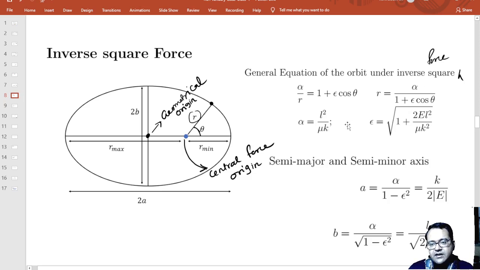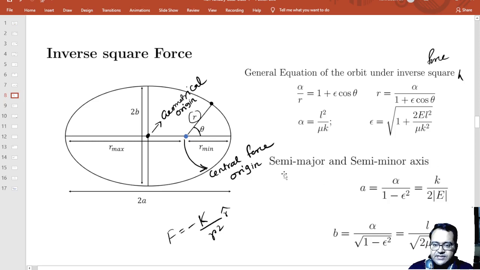So what is alpha? Alpha is L squared by mu k, where L is the angular momentum, mu is the effective mass, and k is the force constant. Don't forget the role of k here; k is very important. Eccentricity, always remember this expression, can be calculated as the square root of 1 plus 2E L squared by mu k squared.